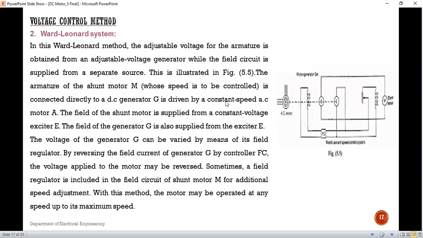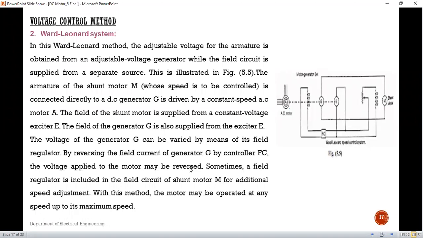This very sensitive speed control is generally used in applications like cooling winders, elevators, steel mills, rolling mills and blooming mills. At those applications we generally use this speed control technique.